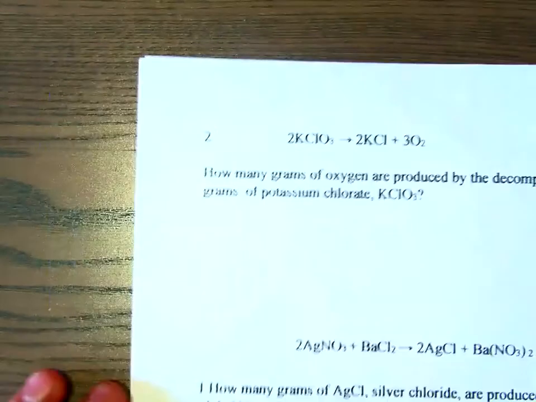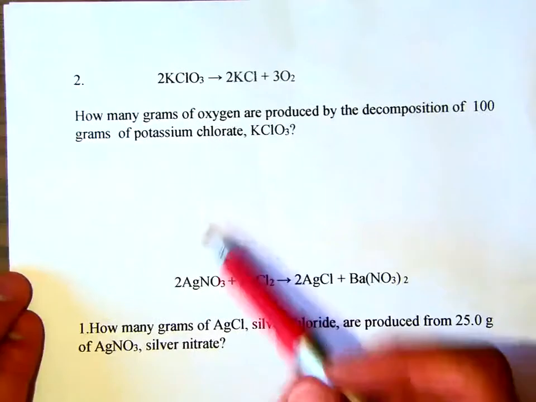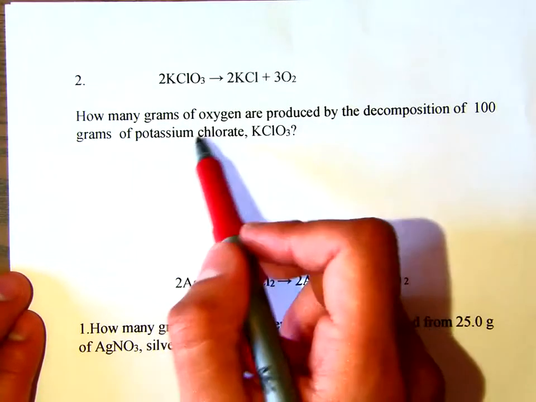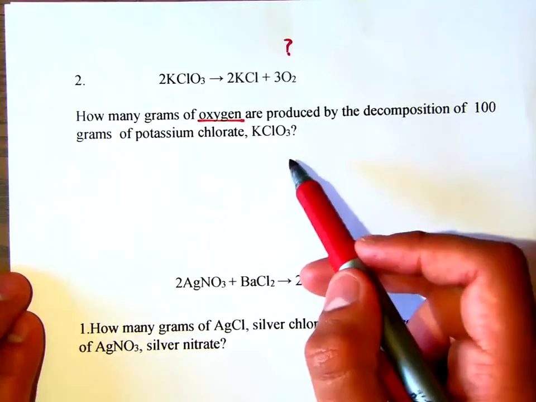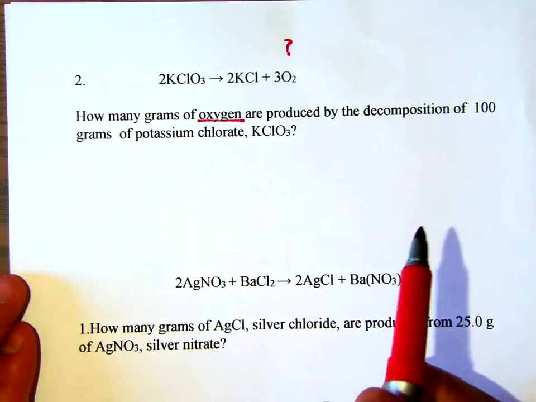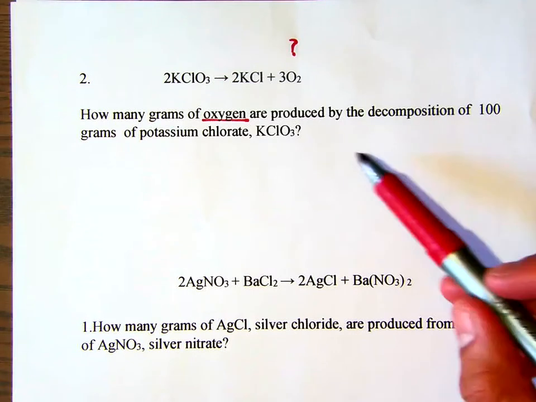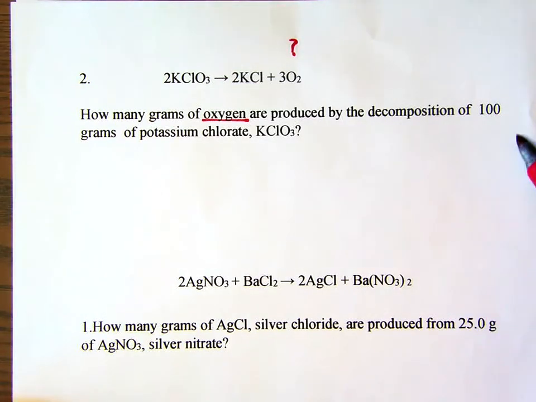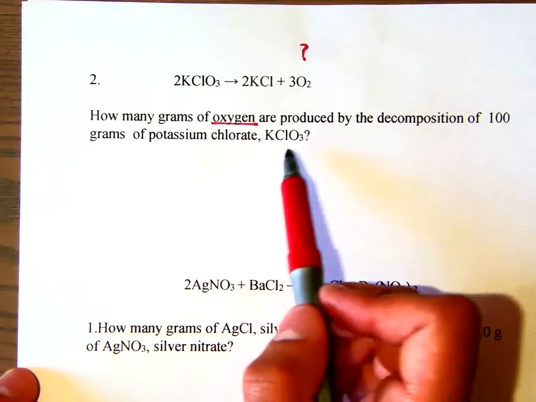All right, so this example, same thing, we're just mapping them out. So it says, how many grams of oxygen are produced by the decomposition of 100 grams of potassium chloride. Okay, so this is potassium chloride.